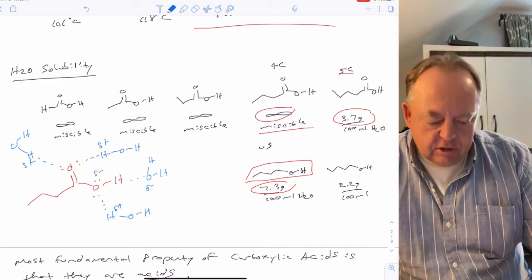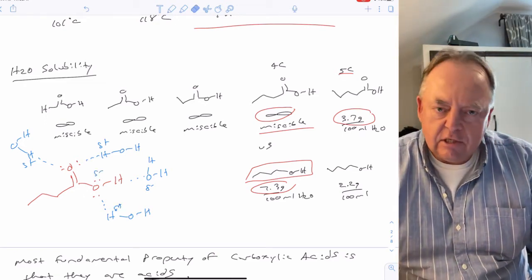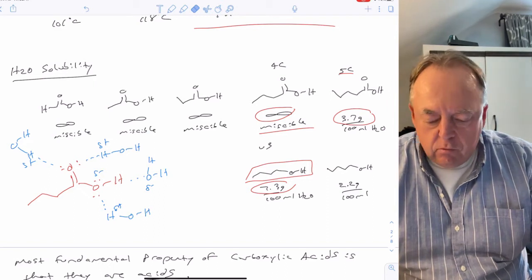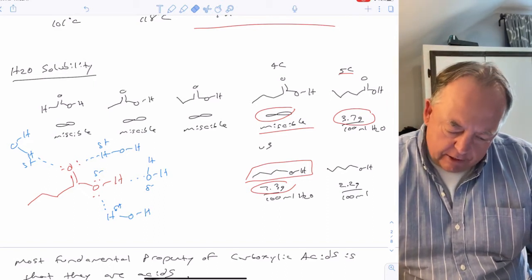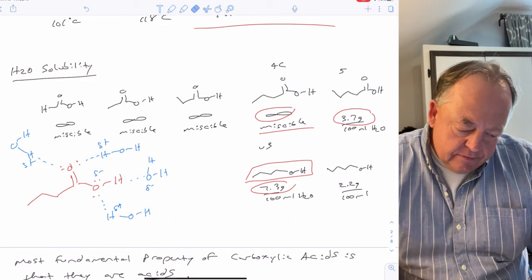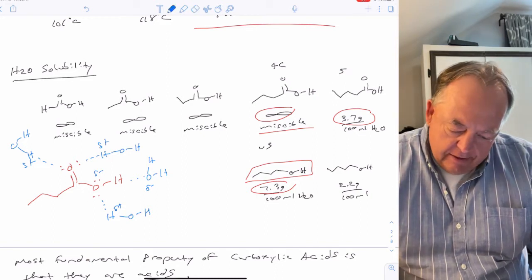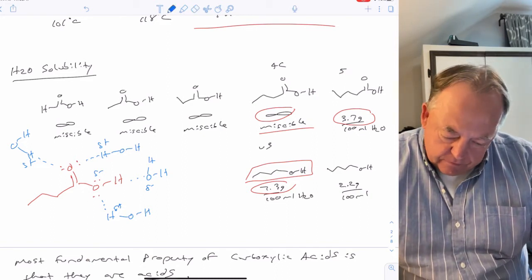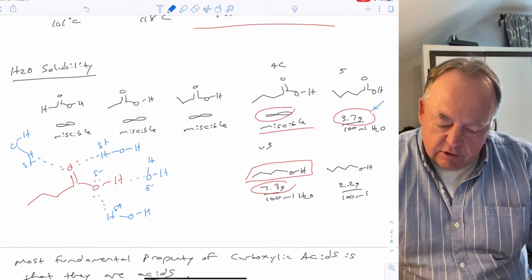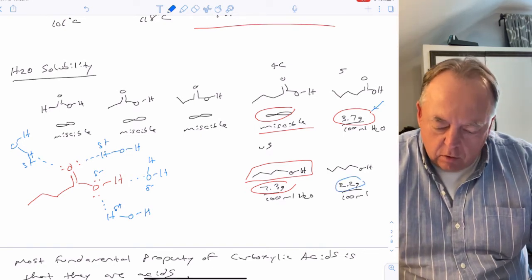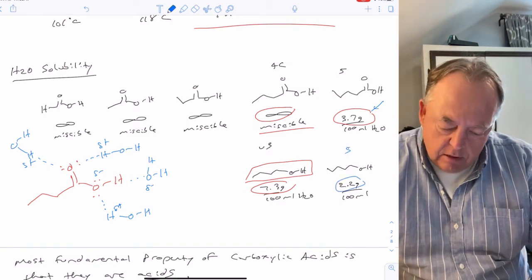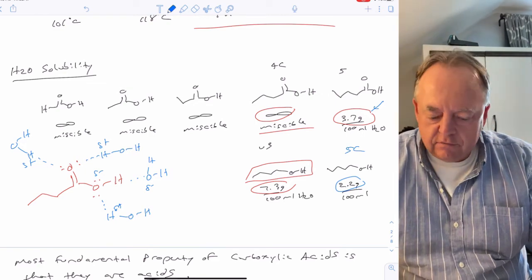So it can more extensively hydrogen bond to water. It's more extensively solvated, so it's going to be more water soluble. You see that with the 5 carbon chain as well, with 3.7 grams dissolving in 100 mL of water, but for the 5 carbon alcohol, only 2.2 grams dissolves in 100 mL of water.